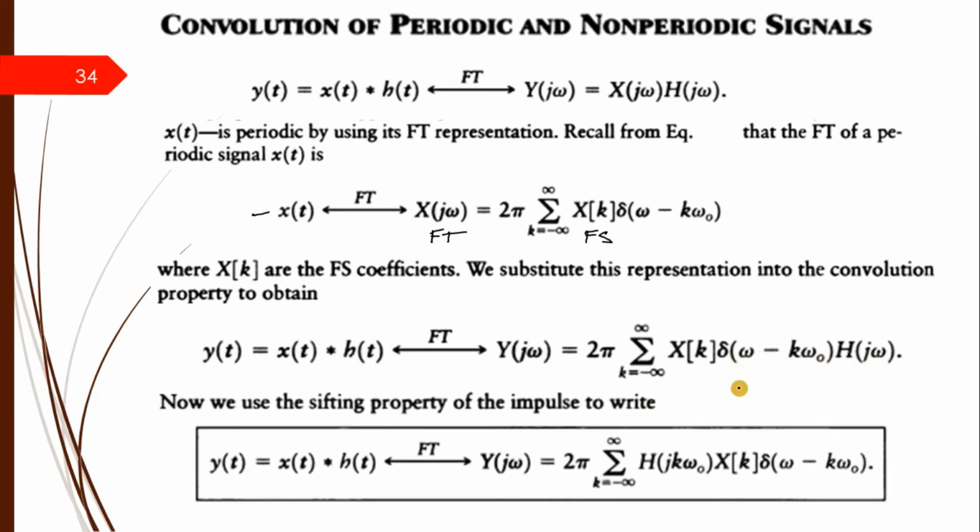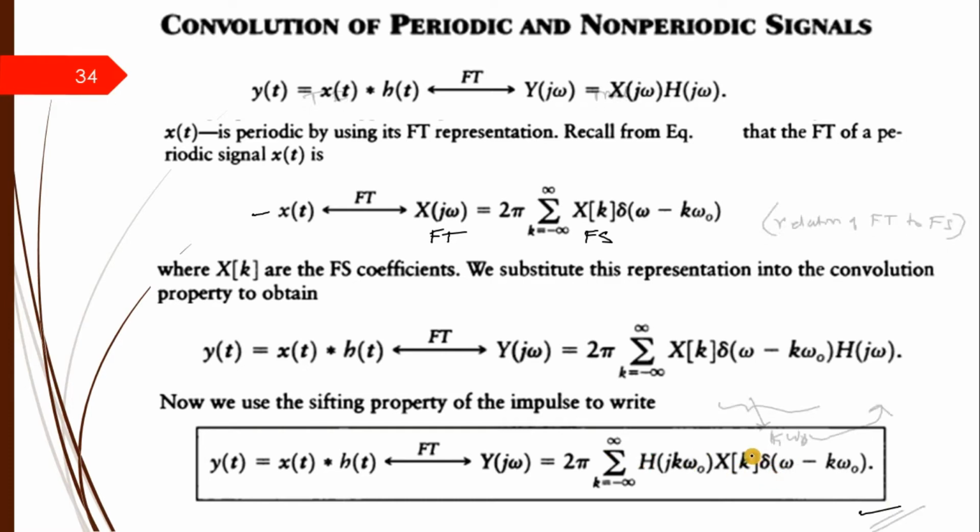Because delta of omega minus k omega naught will be 1 only when the omega value is k omega naught, only then this value exists. That's why I replace this omega with k omega naught, and I write it in this fashion: summation of H of j k omega naught times a k, as it is. So this is the convolution property.